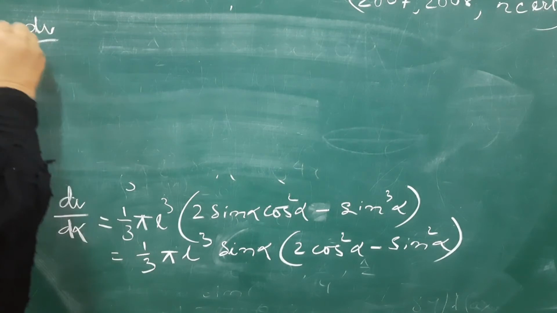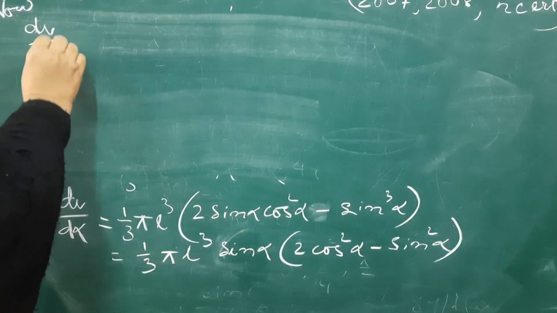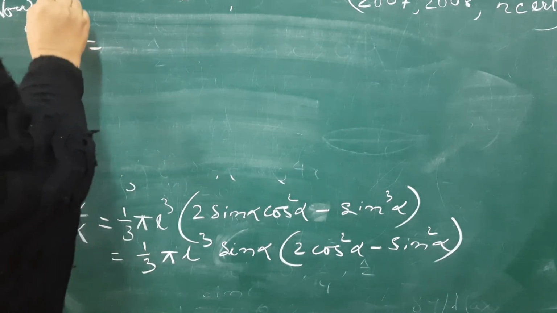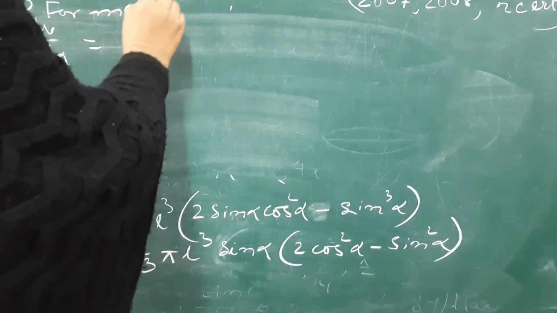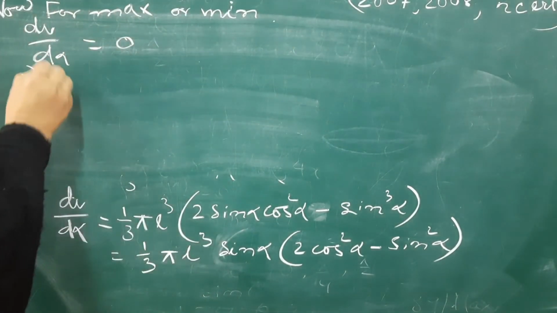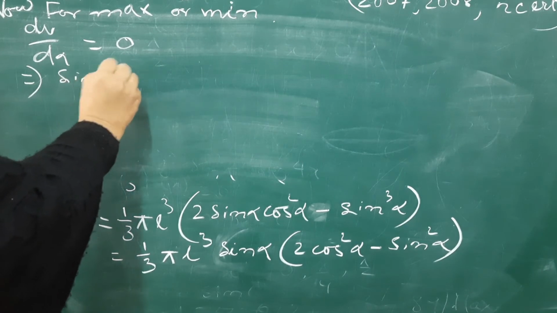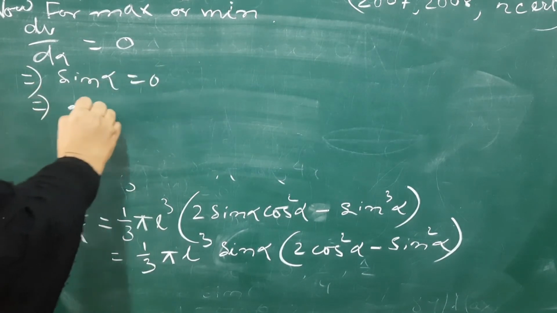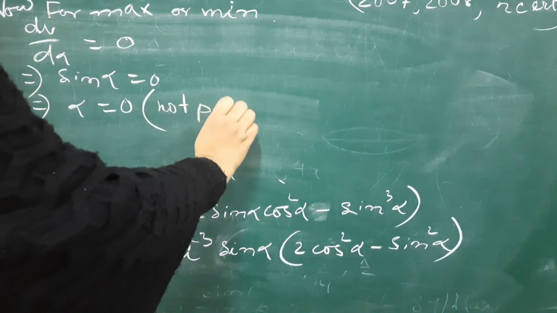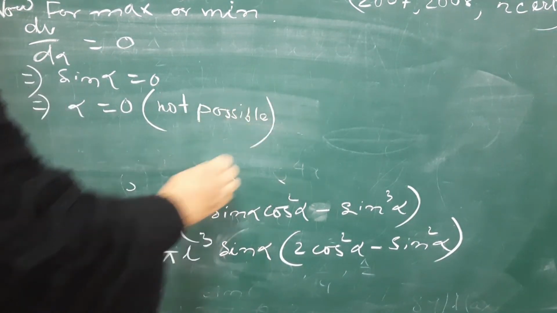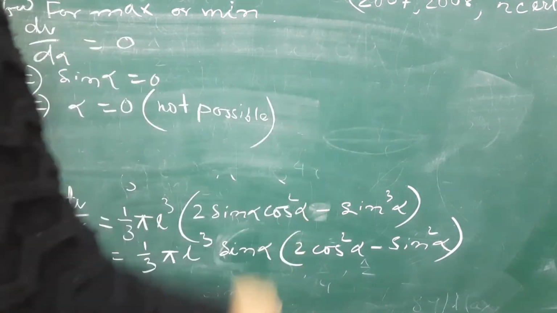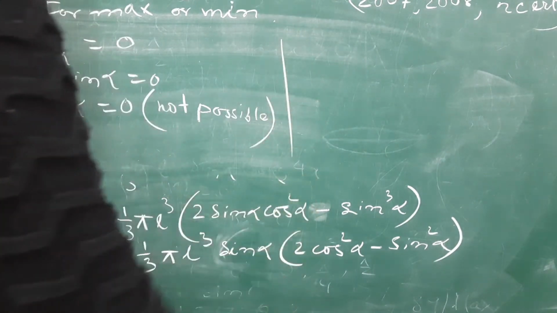Now dV d alpha, to get minimum or maximum actually, for maximum or minimum dV d alpha is equal to 0, which implies sin alpha is equal to 0, that means alpha is equal to 0, which is not possible. So obviously some angle you have seen only, figure cone, so to form a cone, this angle should be there, some value of alpha should be there.